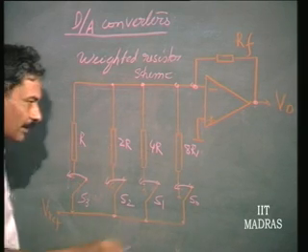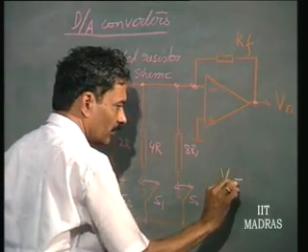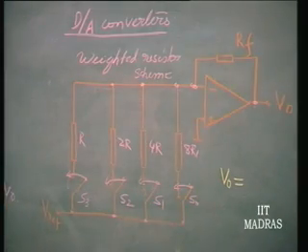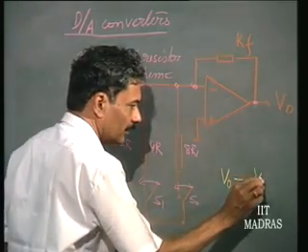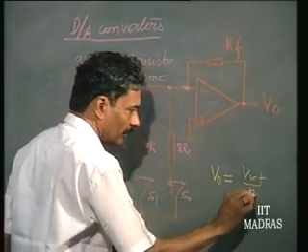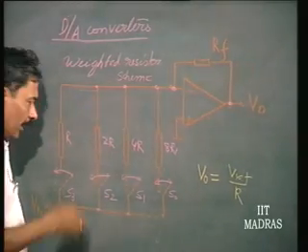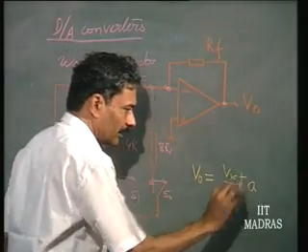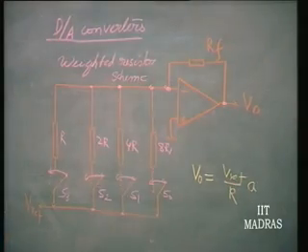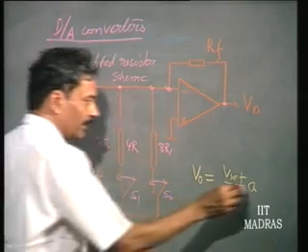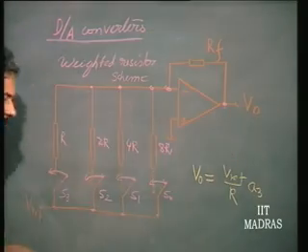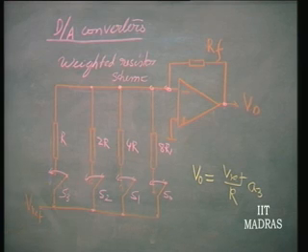And therefore, we have an output V naught, which is clearly, let us write down, V reference divided by R, and the coefficients here can take either 1 or 0. Let us say A3 is the coefficient operated by S3, which takes 1 or 0. If S3 is closed, it is 1, otherwise it is 0.